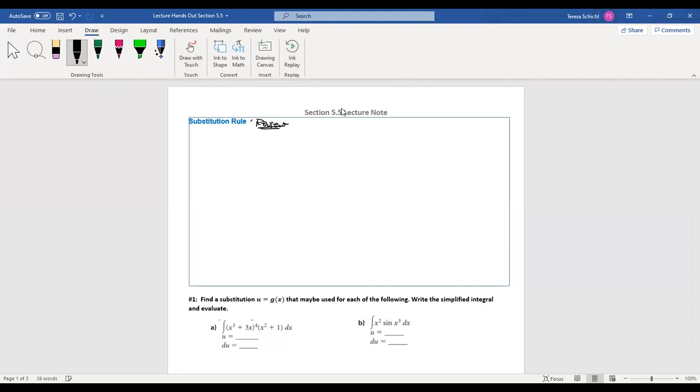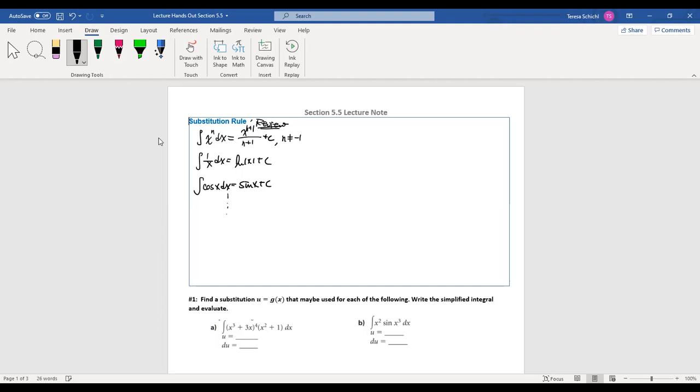When we talked about the antiderivative in our previous unit, we said, for example, the integral of x^n dx is x^(n+1) over n+1 plus c, where we assume n is not equal to negative 1. Then the integral of 1 over x dx is the natural log of x plus c.